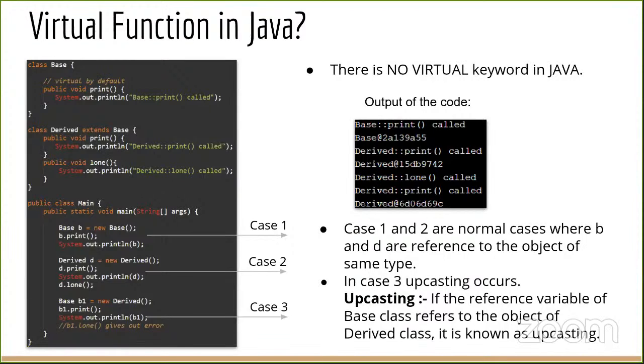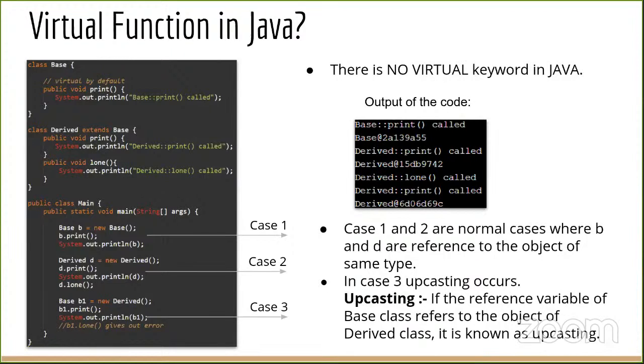So when I call B1.print, the print of derived is printed, and we can also see that whenever I print B1, it shows that it is an object of type derived.